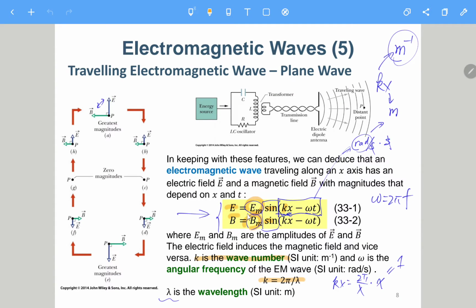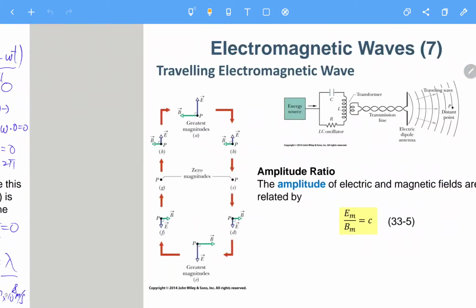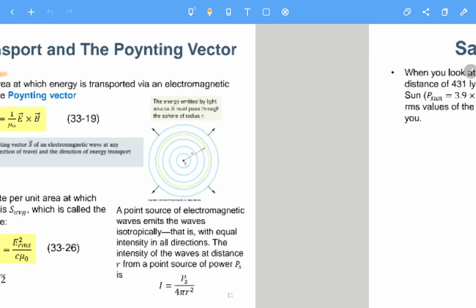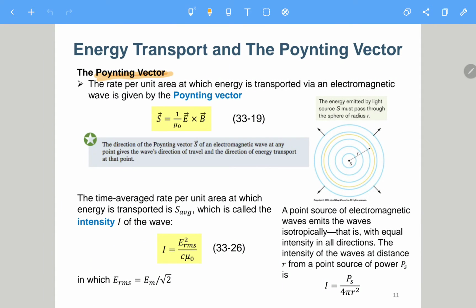The EM wave will carry some energy. So here we can also use a vector called the Poynting vector to describe how the energy is carried by the EM wave. The direction of the Poynting vector is the same as the wave propagation direction.